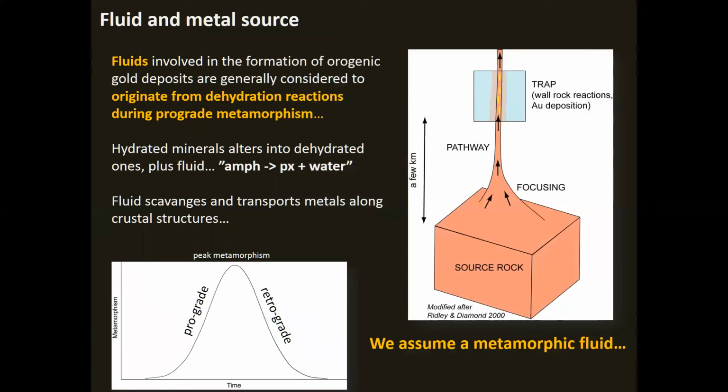We heat amphibole up, we will get pyroxene, and we will get water or a fluid. And this fluid will scavenge metals from the rock and transport them, and later on, hopefully then focused into some sort of pathway like a shear zone and trapped, precipitated in a mineralization. So since this is the running idea, we assume that we're dealing with a metamorphic fluid.